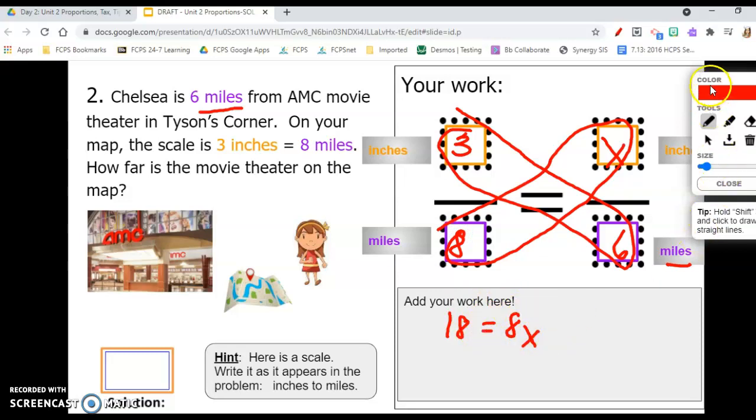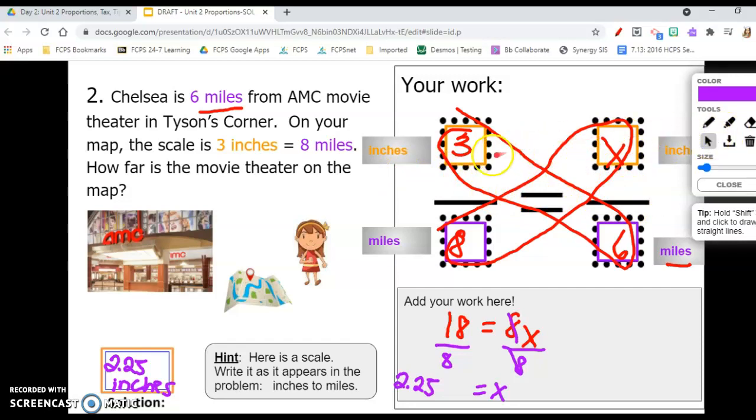We're going to divide both sides by the coefficient, which is 8. 18 divided by 8 is 2.25. And our solution is, how far is the movie theater on the map? It is 2.25 inches.